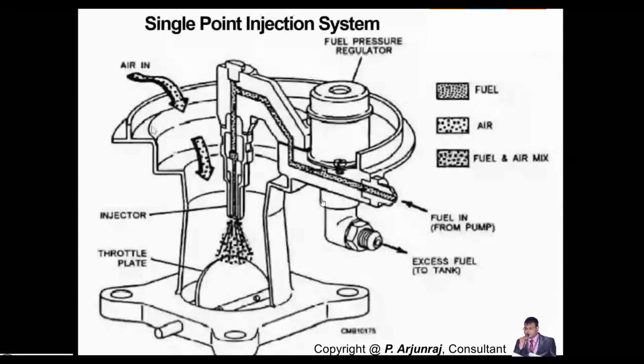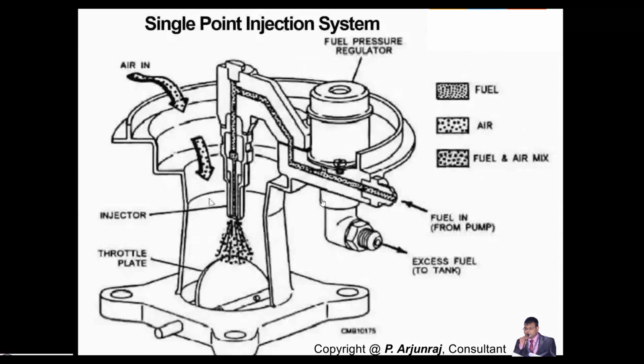We will see the air coming from the atmosphere in this direction, and you have the throttle valve which will allow the required amount of air going to the system. And you have the fuel tank, where the fuel gets pumped from there, enters, and goes to the injector.